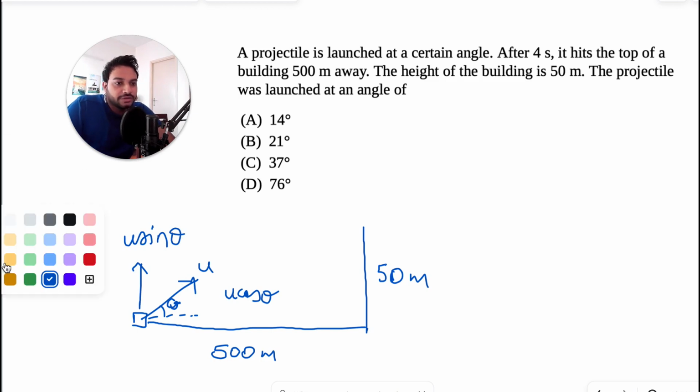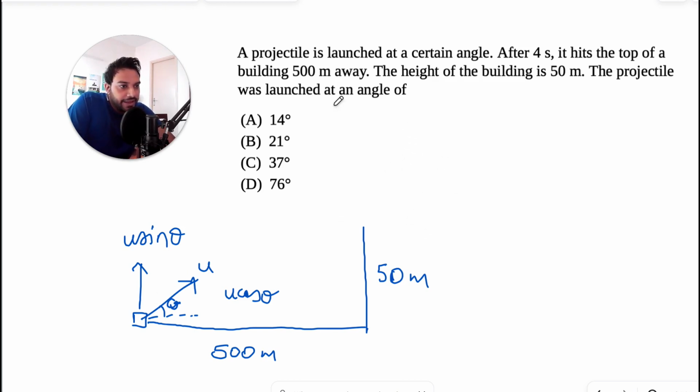We'll write two equations for both the displacements. For the vertical one, there would be an acceleration of negative g downwards. So let's say s, not 500 but 50, is equal to ut, so u sin theta t, and t is given to be 4 seconds, so we can write 4 u sin theta minus half times 10 times t squared, which is 16.